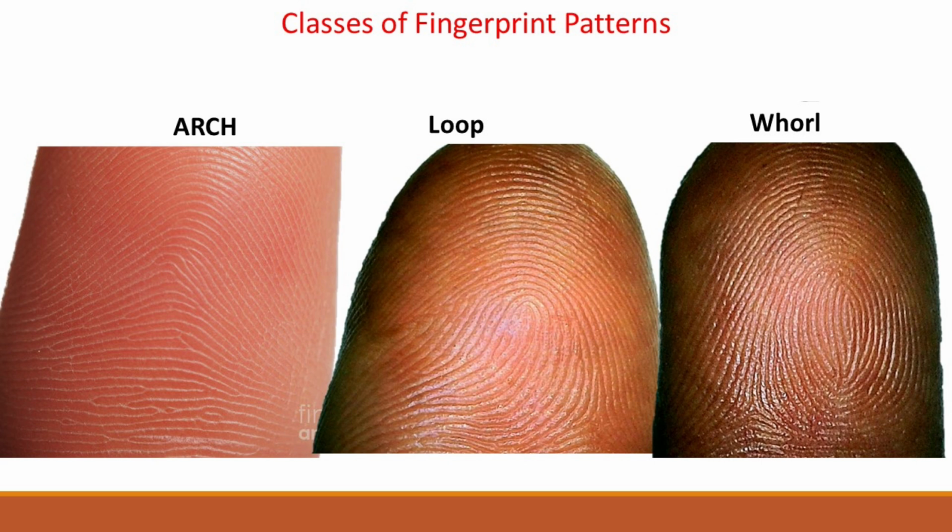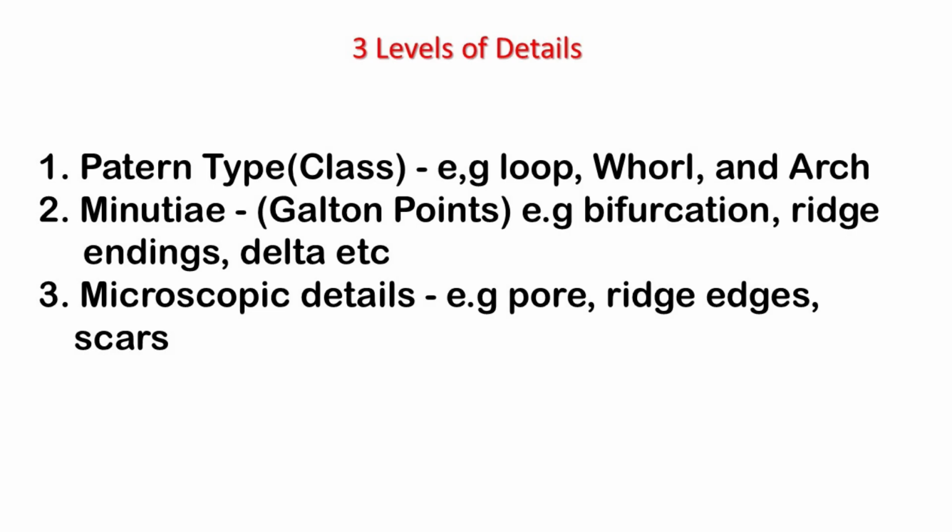Now, if you have two of them that are loops, if you examine those two, they have different minutiae. The different minutiae will differentiate them. So it is the minutiae that we use at the second level to differentiate two individuals.